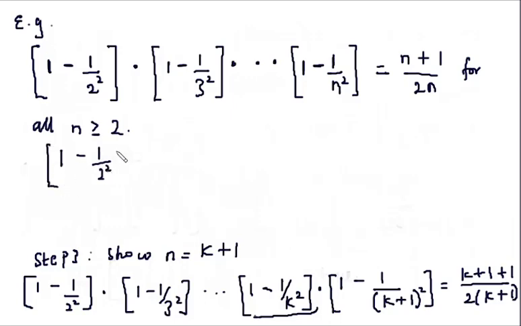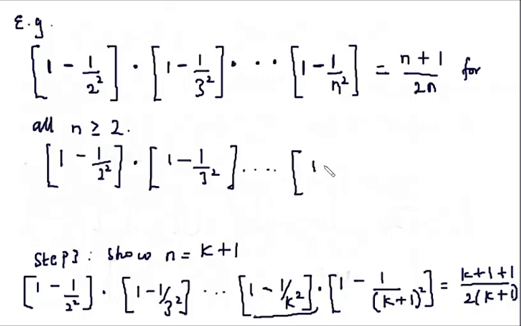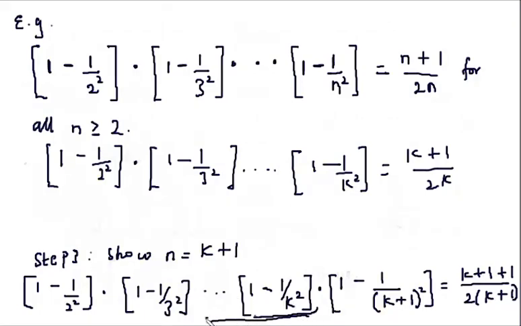From the second step, we wrote this: 1 minus 1 over 3 squared, and then 1 minus 1 over k squared, and then this is k plus 1 over 2k. So we know that all of these parts can be replaced with this. Okay, so we can simply pick this and plug it into these parts.